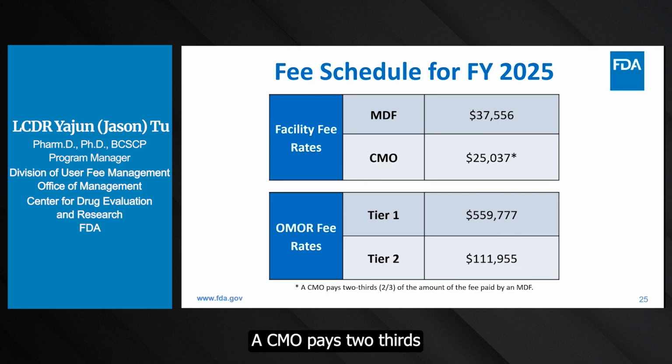A CMO pays two-thirds of the amount of the fee paid by an MDF. The fiscal year 2025 Tier 1 OMOR fee is $559,777, and the Tier 2 OMOR fee is $111,955.